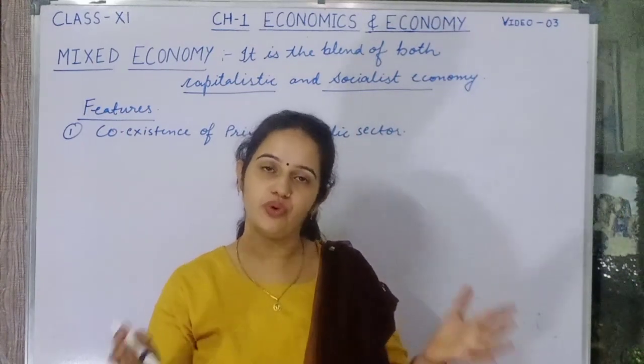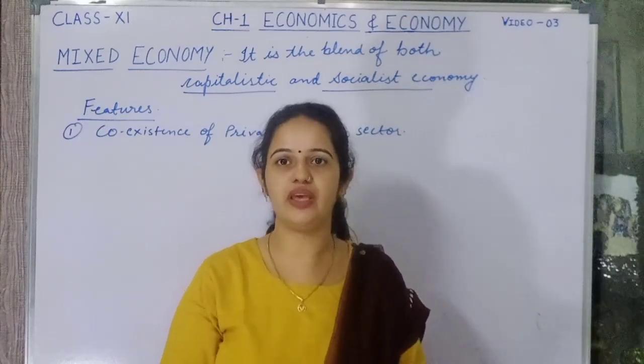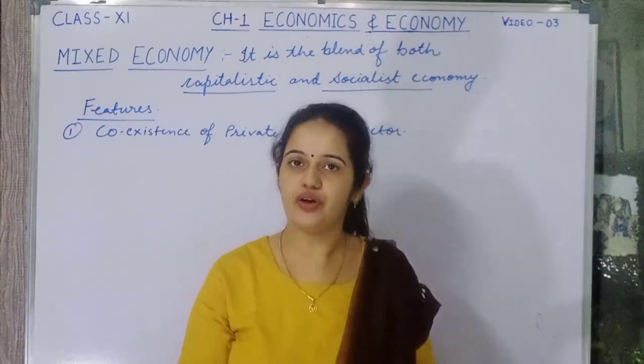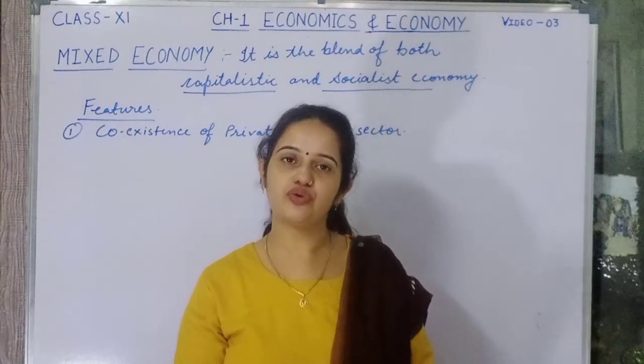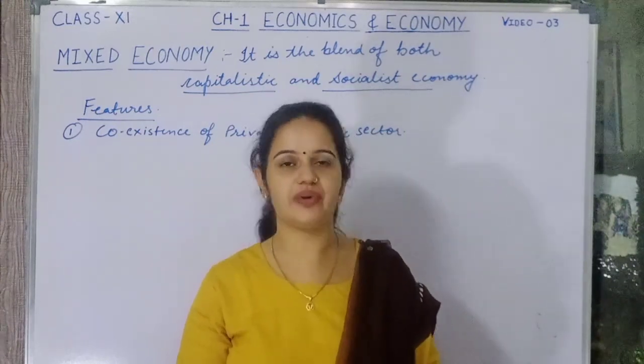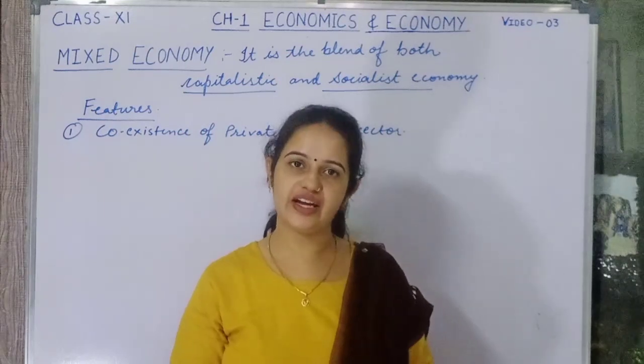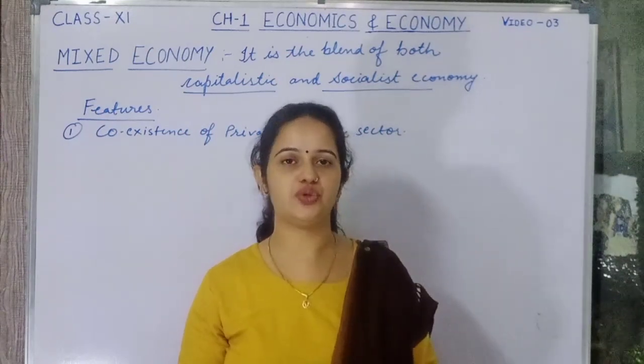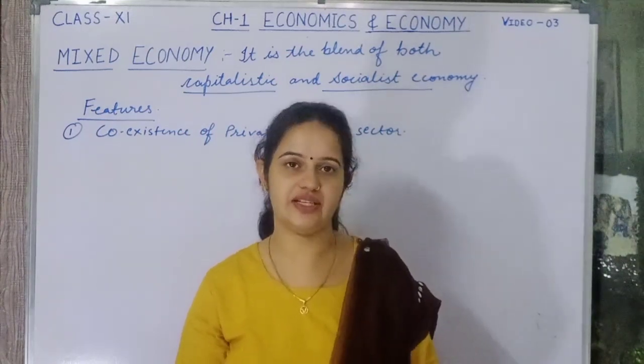So they both work together in this economy. So there is a coexistence of both. Here, resources of the country are earned and used by both private and public sector, and that's why they both are expected to work on a cooperative basis.